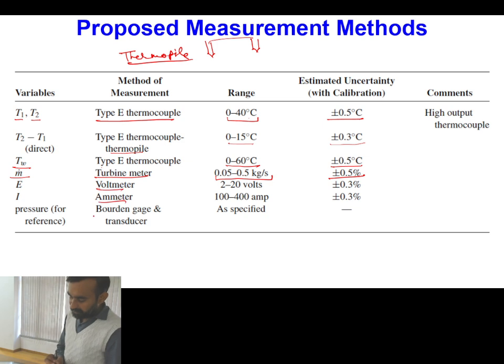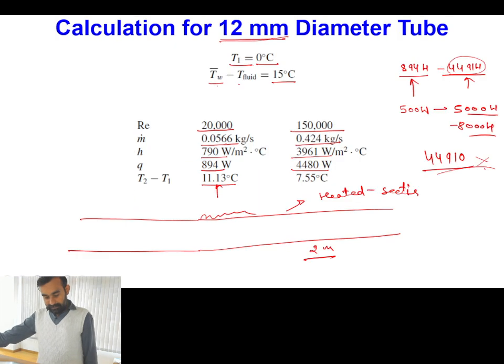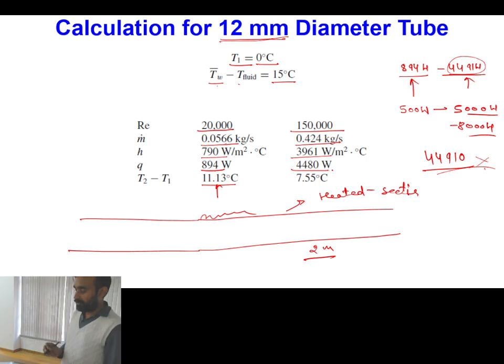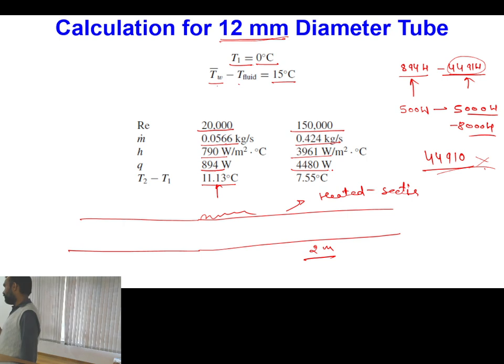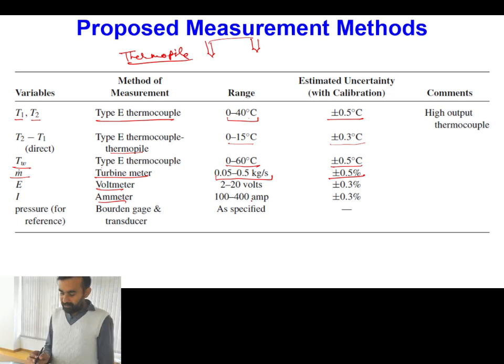Then the voltmeter and ammeter. Of course we have to measure these for supplying power of 894 to 4480 watt, and my voltage and current will be changing in some range. So the voltmeter and ammeter are selected in the range of 2 to 20 volts and 100 to 400 amperes.